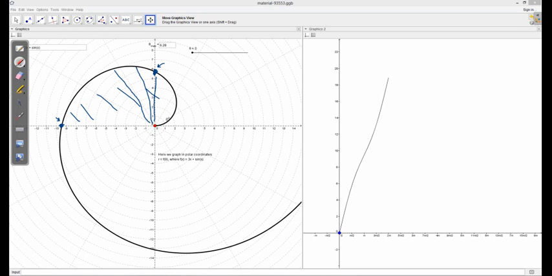I know straight up is pi over 2, and I know straight over to the left here is pi, so that's a good place to start. That is not necessarily the theta values that will get you there. That depends on your equations and how fast the graph is drawn.